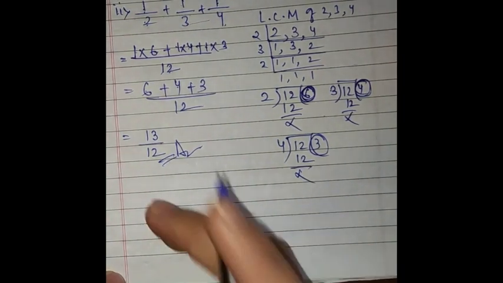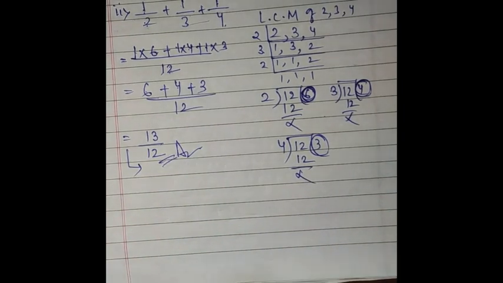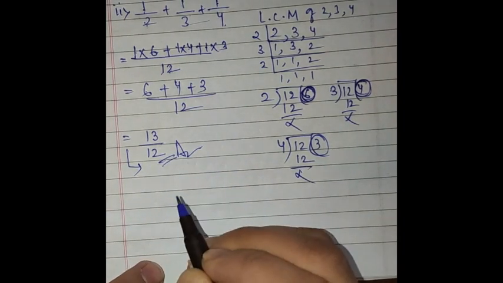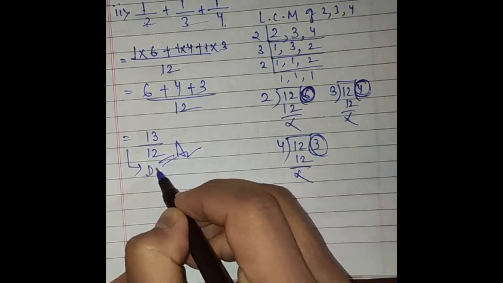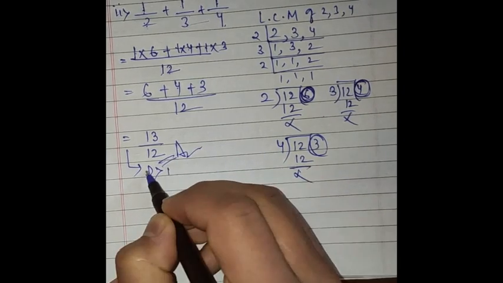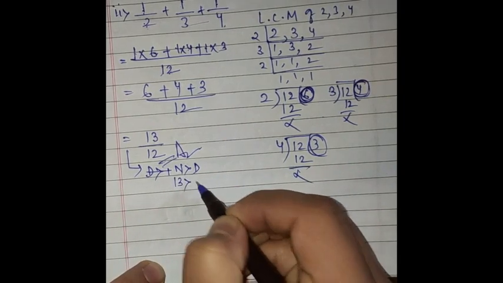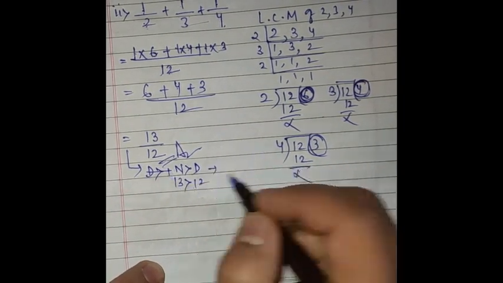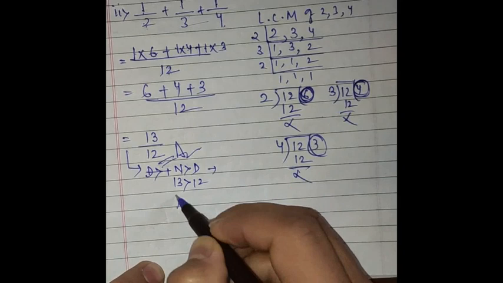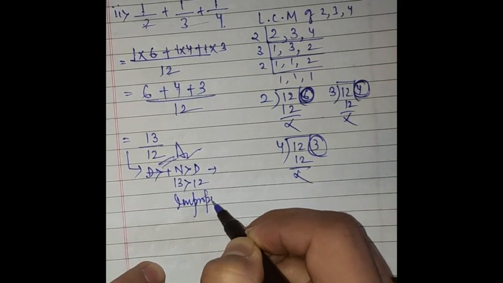If I asked you to write whether it is proper, improper, or another type of fraction, like a mixed fraction, then first of all you will observe that the numerator is greater than the denominator. Obviously 13 is greater than 12. So if such is the condition, then we will write it as an improper fraction.